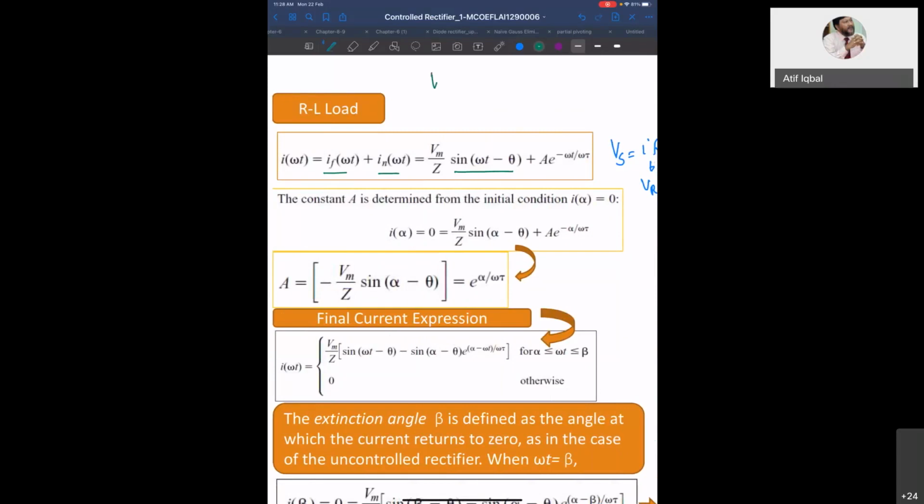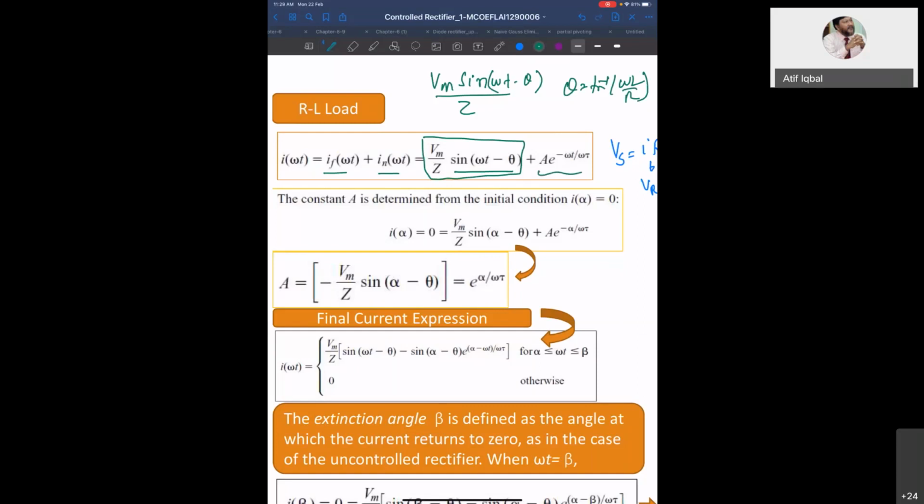Because Vm sine omega t is your voltage. When you divide this by impedance, that will give you current, but it will have some phase shift, depending upon the values of R and L. So theta is tan inverse omega L by R. This is your current under steady state condition.